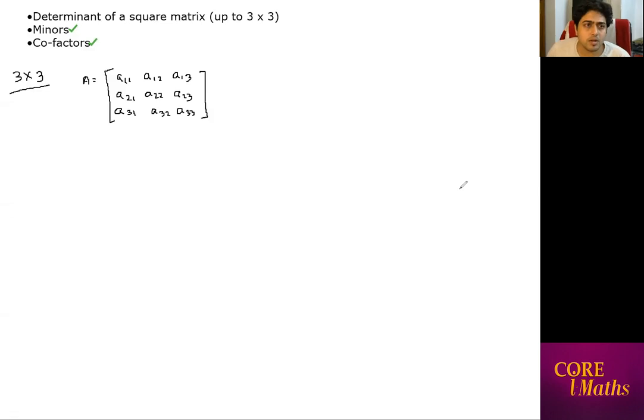Now for a 3 cross 3 order determinant, here the square matrix of 3 cross 3 order is written. We have to find out the determinant value of this. Here for this 3 cross 3 order determinant, you have to go along any row and any column.